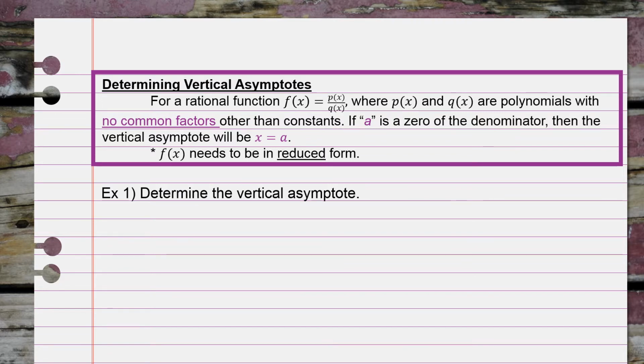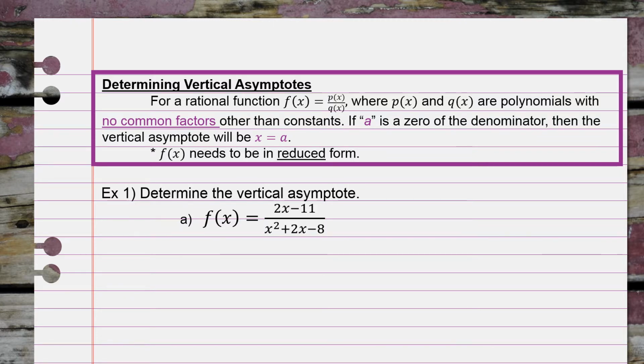Example 1, determine the vertical asymptote. For a, we have f of x equals, and in the numerator we have 2x minus 11. In the denominator we have x squared plus 2x minus 8. Now, to determine vertical asymptotes, it says where the polynomials have no common factors other than constants.